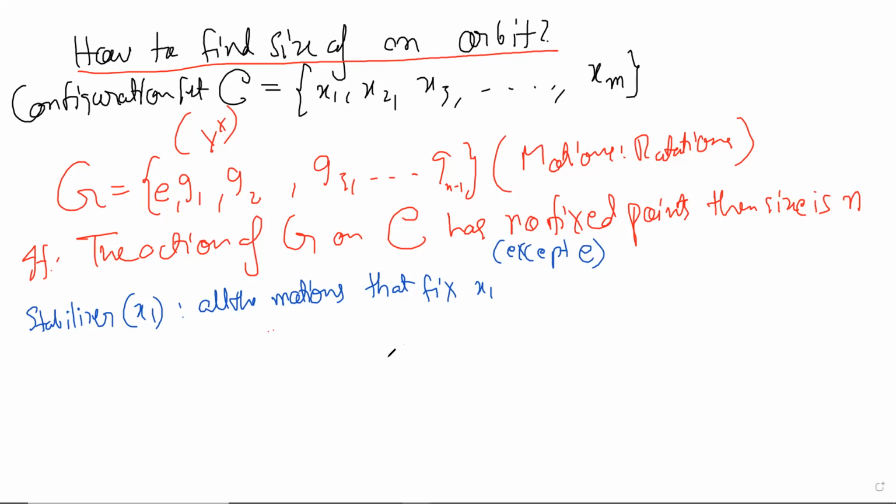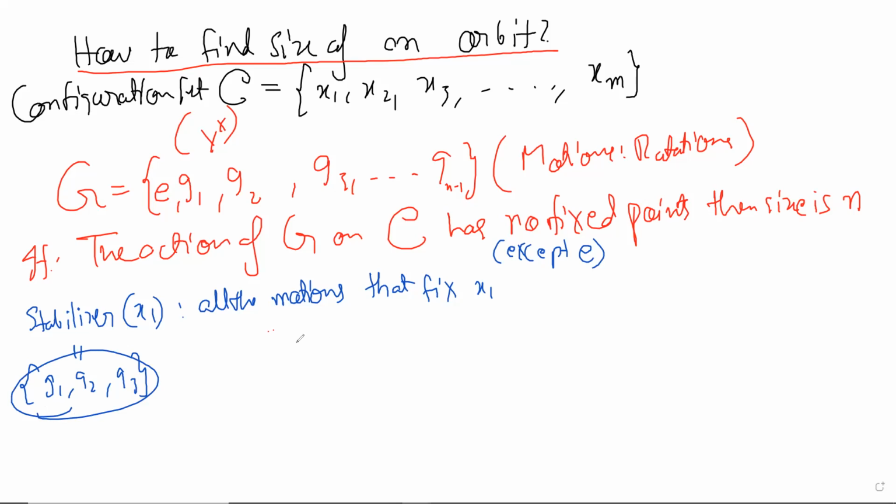Now if something fixes x1, let's say g1, g2, g3, these three things fix x1, then these are wasting, and they are going to reduce the size of our orbit, because they are not taking x1 to new places.